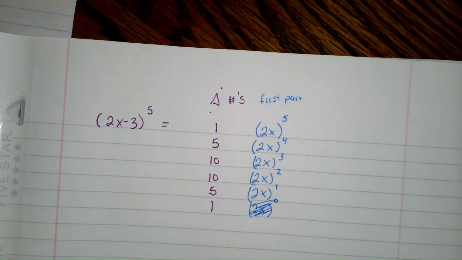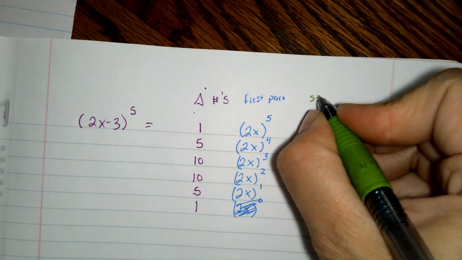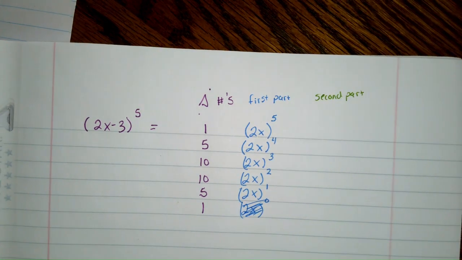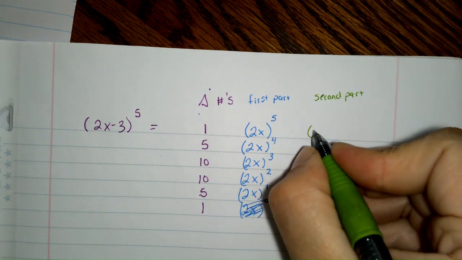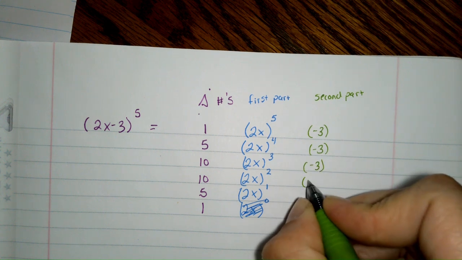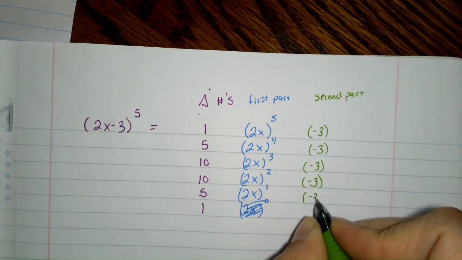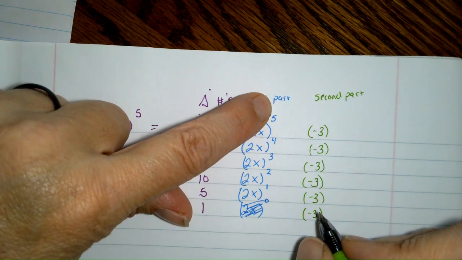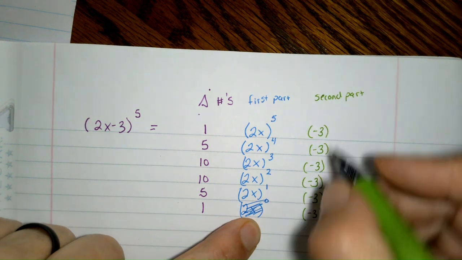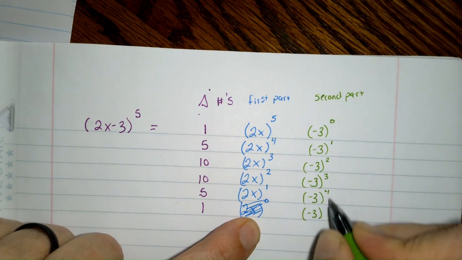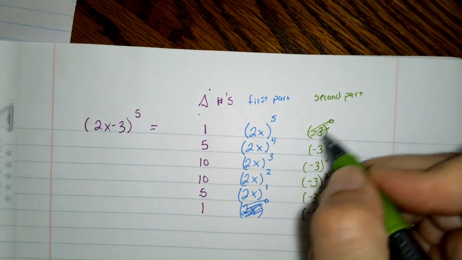And then we'll have the second part. Now remember, the second part is negative 3. Negative 3, negative 3, negative 3, negative 3, negative 3, negative 3. So since we did 5, 4, 3, 2, 1, 0 on this one, we have to do 0, 1, 2, 3, 4, 5. And remember, to the 0 power is like it's not even there.